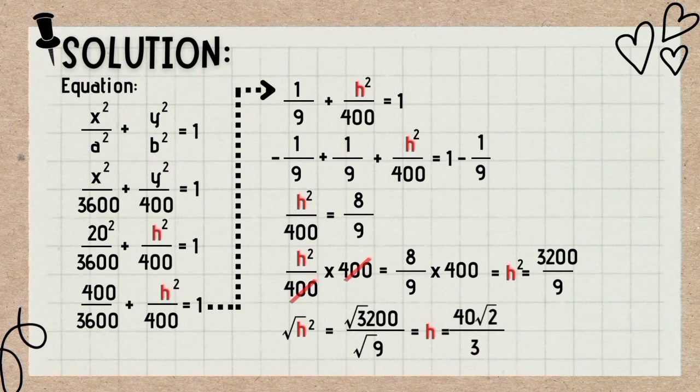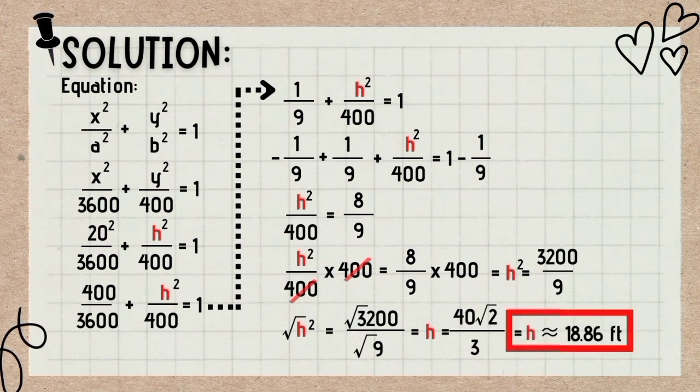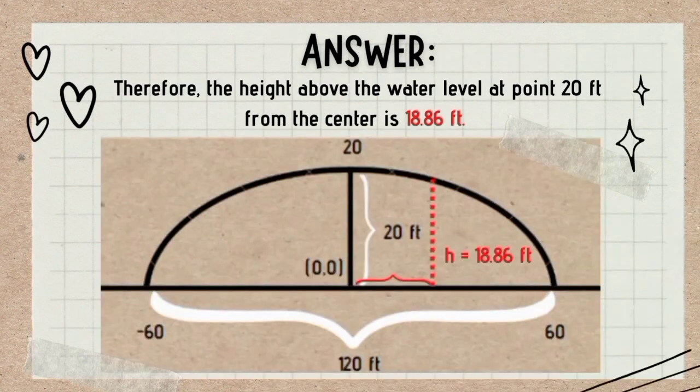And if we put 40 times the square root of 2 over 3 on our scientific calculator, we will get approximately 18.86. Thus, h is approximately 18.86 feet.